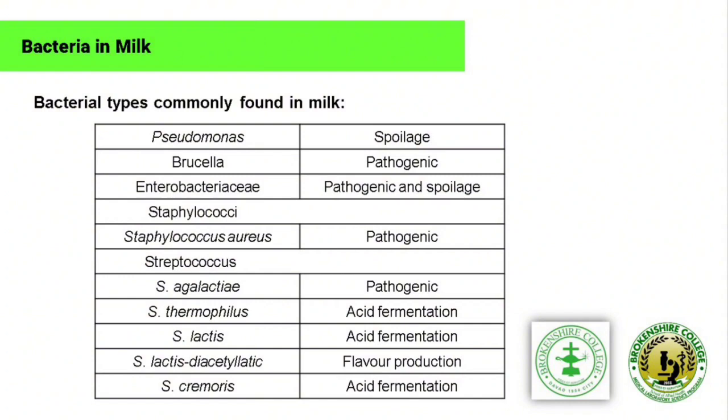Bacterial types commonly associated with the following: Pseudomonas for spoilage, Brucella for pathogenic, Enterobacteriaceae is pathogenic and spoilage, Staphylococcus aureus is pathogenic, Streptococcus agalactiae is pathogenic, S. thermophilus is acid fermentation, S. lactis acid fermentation, and S. lactis diacetylactis.